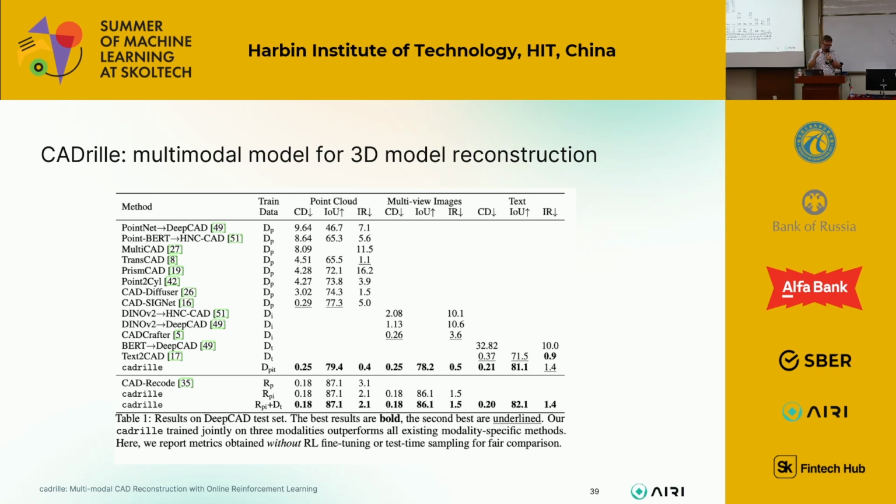But Cadrille, using two types of modalities, leads to better quality and gives state-of-the-art metrics on most of the datasets, on most of the benchmarks for most tasks. It is a very good result, and it also gives us an ability to find out how a combination of different visual modalities can give impact on the final result.